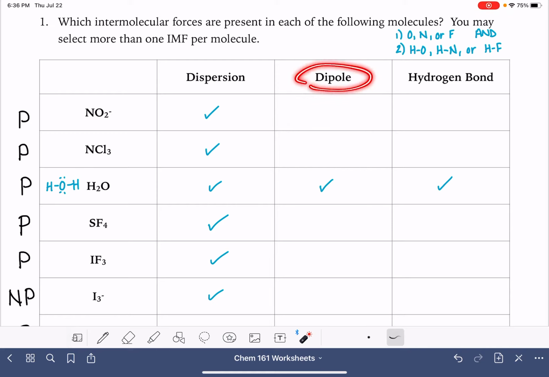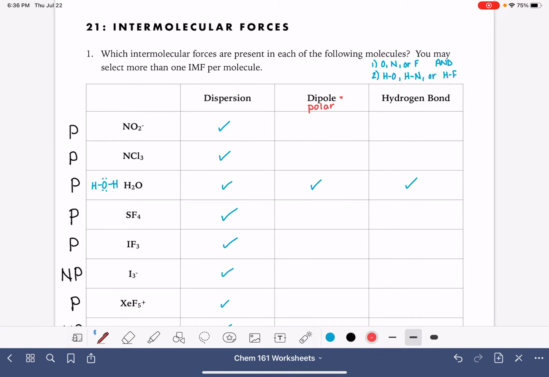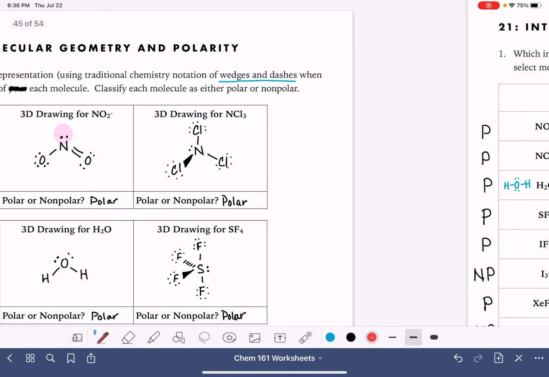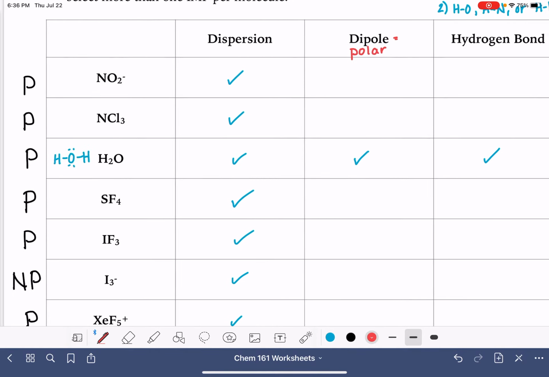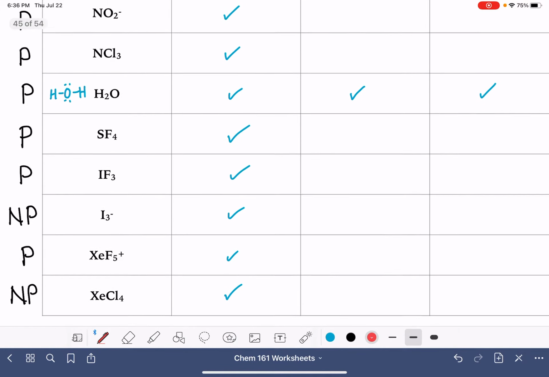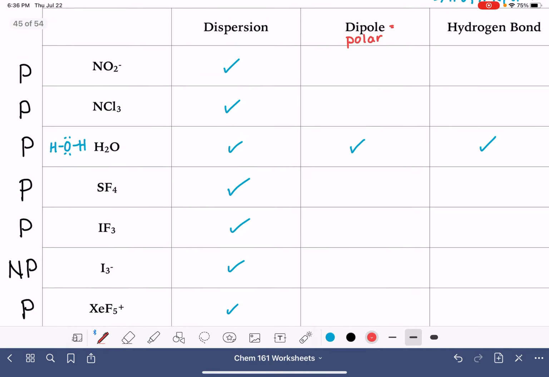The easiest way to determine whether or not it has dipole forces is to determine whether or not the molecule is polar. Having dipole forces is just another way of saying that the molecule is polar. A few videos back, actually on the last worksheet, we went through and classified all of these molecules as polar or nonpolar, and that's what I've noted over here on the sides, P for polar and NP for nonpolar.